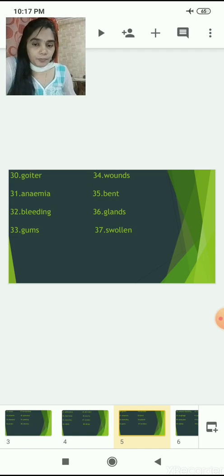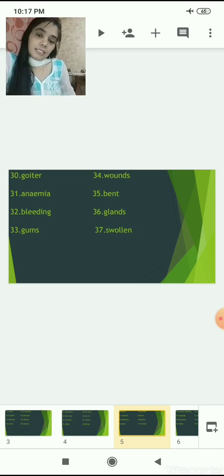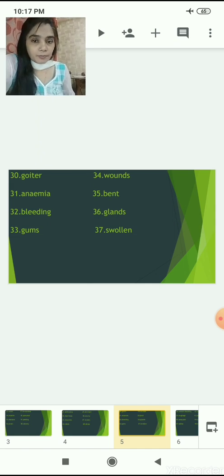Goiter, anemia, bleeding, gums, wounds, bent, glands, swollen.